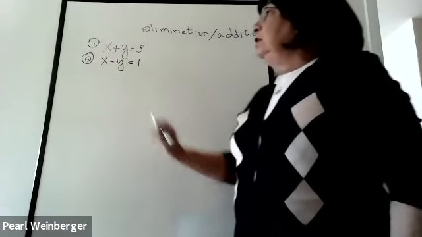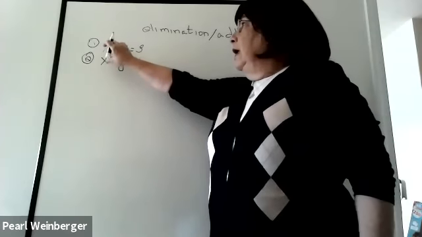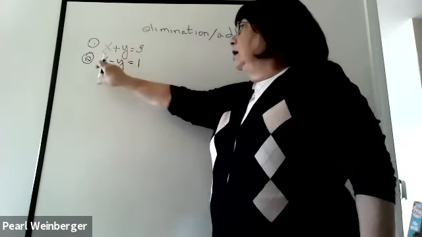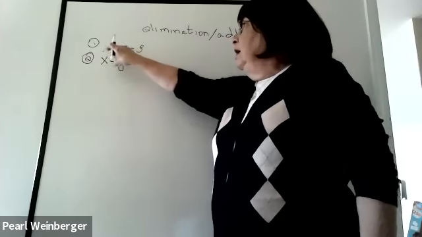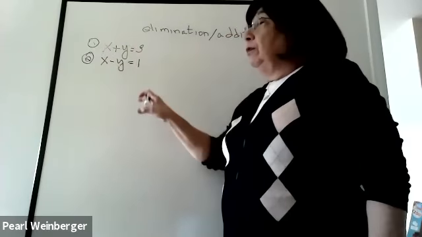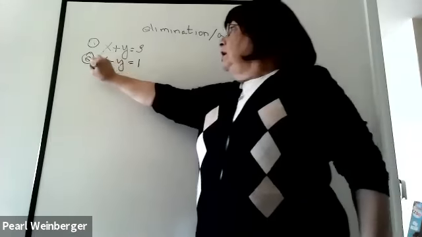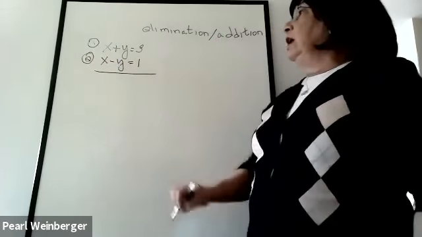Well, if I take these two equations, x plus y equals 3 and x minus y equals 1, two things that are equal, when you add them, will still be equal. So I'm going to add these two equations together.